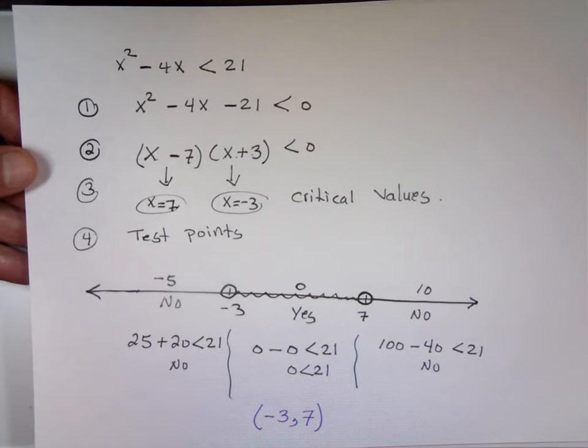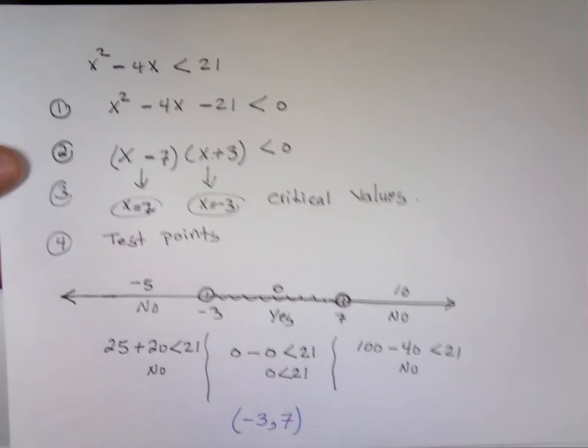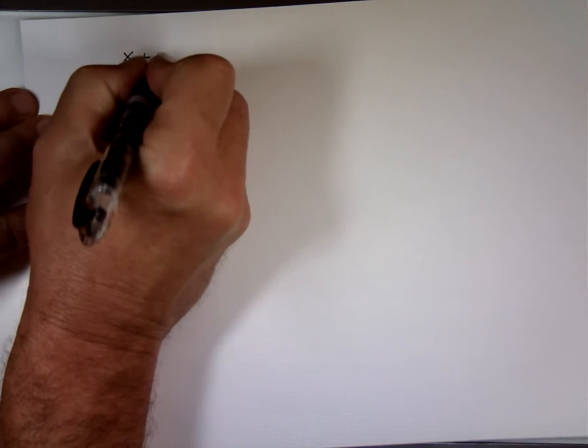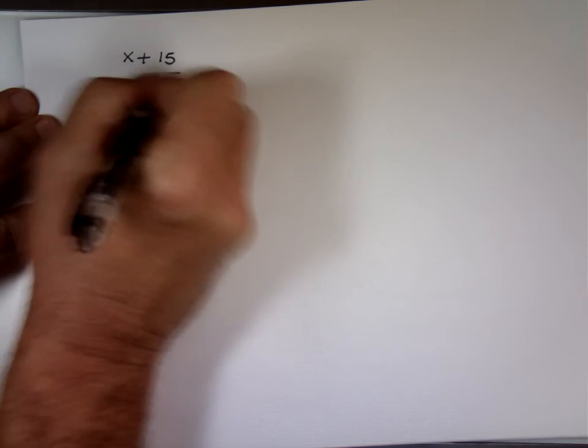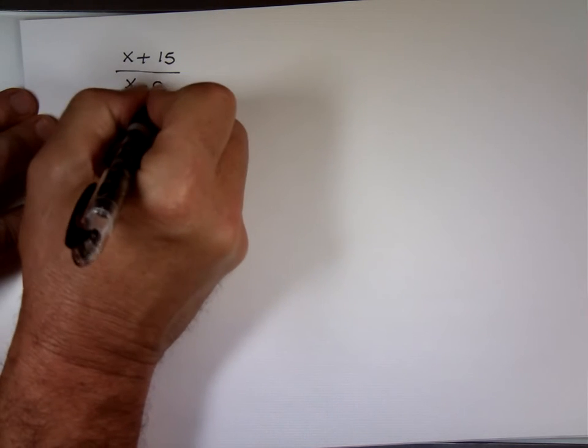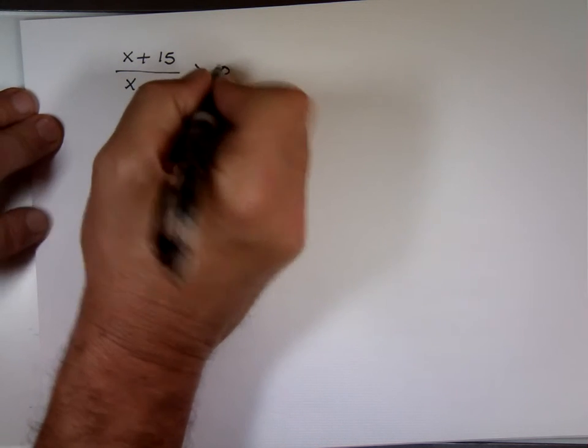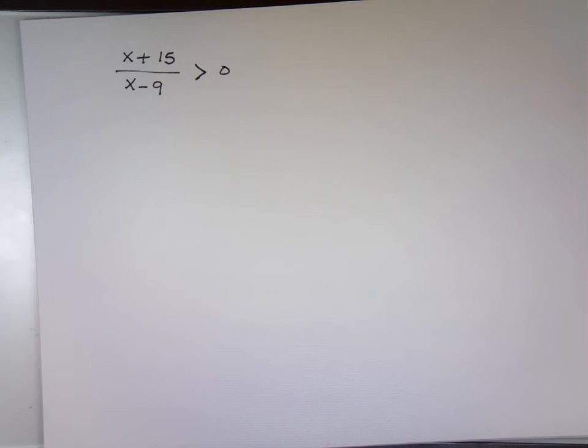Let me try another one that doesn't look like this, a little bit different. What about if you have a fraction? That's also nonlinear. Well, I can't move it to one side. It's already on one side. I can't factor.